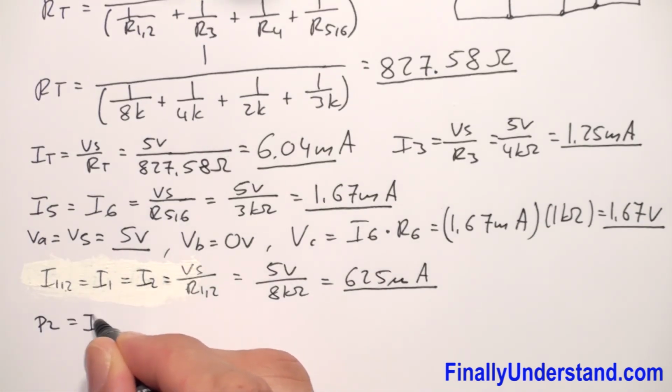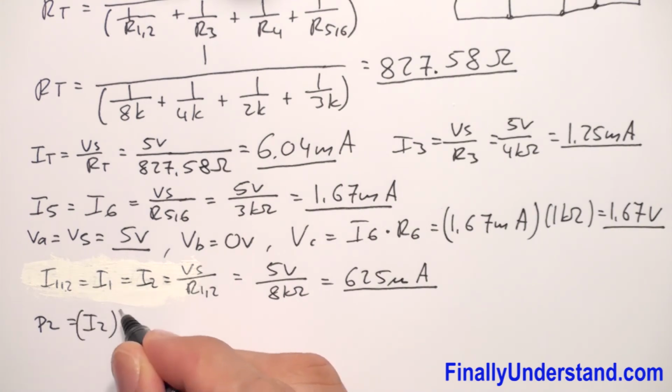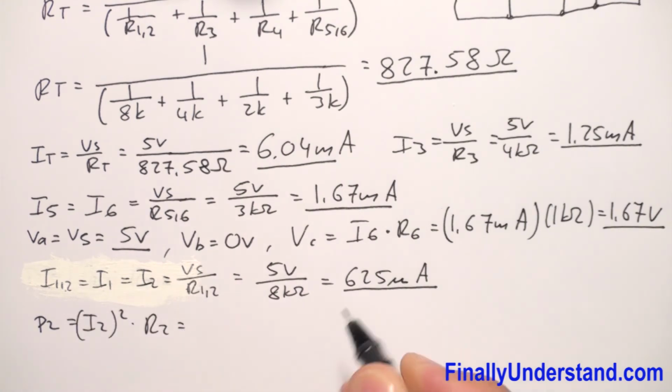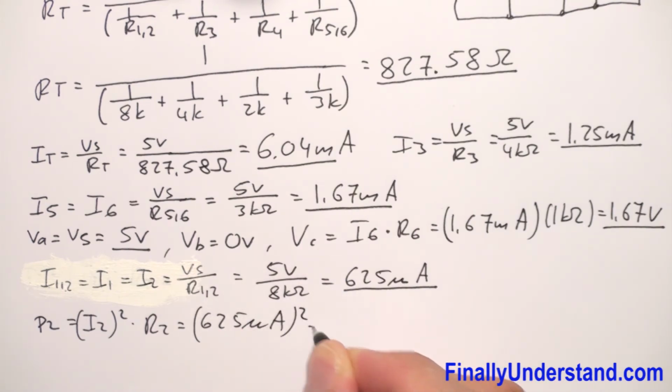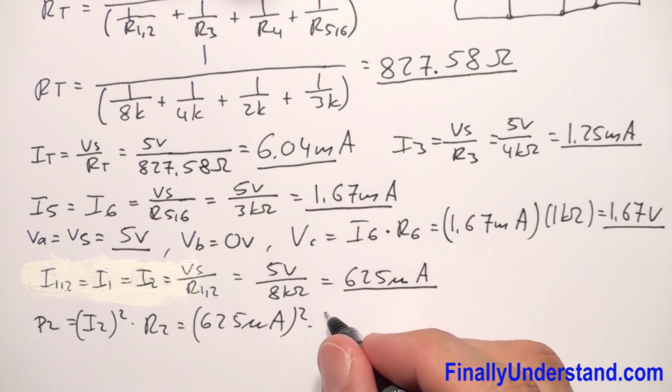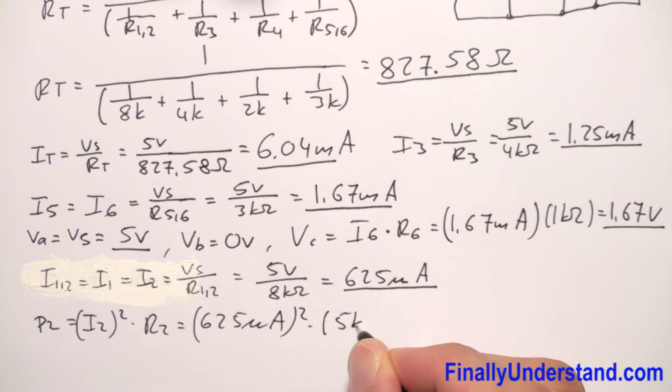P2 is equal to I2 to the second power times R2. I2 is equal to 625 microamps to the second power times R2, which is equal to 5 kilo ohms.